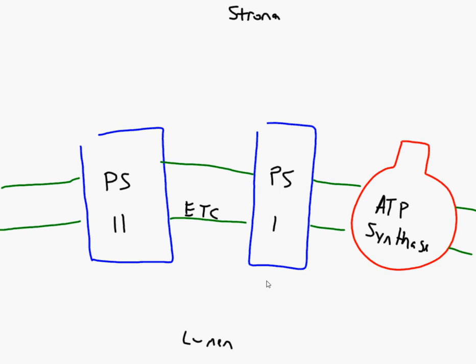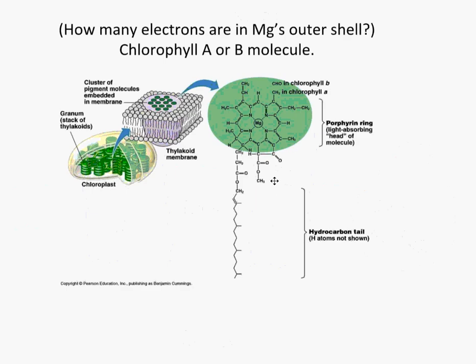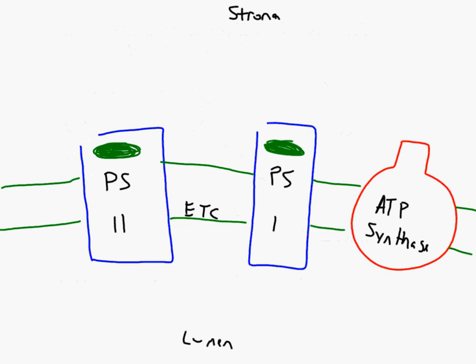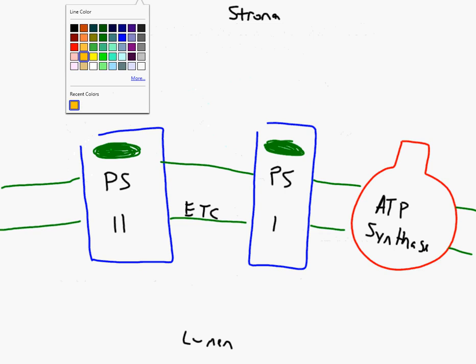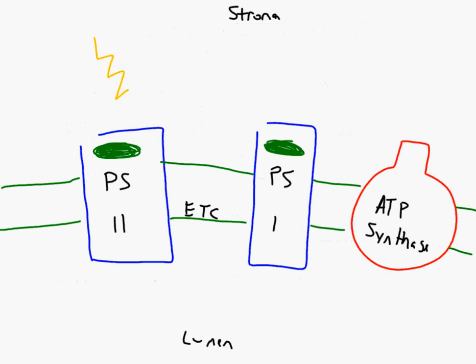So in order to symbolize the presence of these electrons, I'm going to draw this green blob on the top of these photosystems because inside the photosystems are chlorophyll molecules, and those chlorophyll molecules have magnesium in their center, and in that magnesium are two valence electrons, which are the key to all living things. And to symbolize light, I'm going to draw some lightning because lightning's cool.